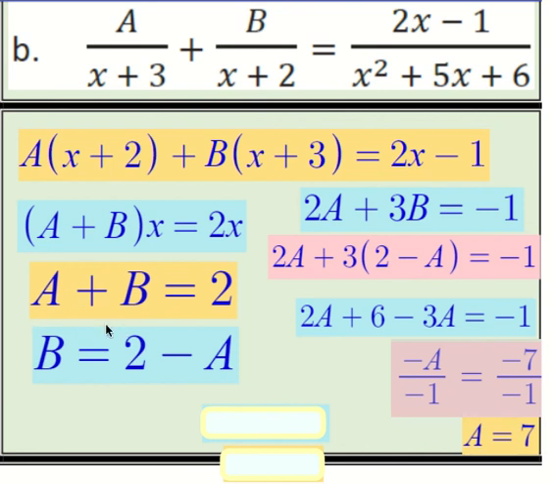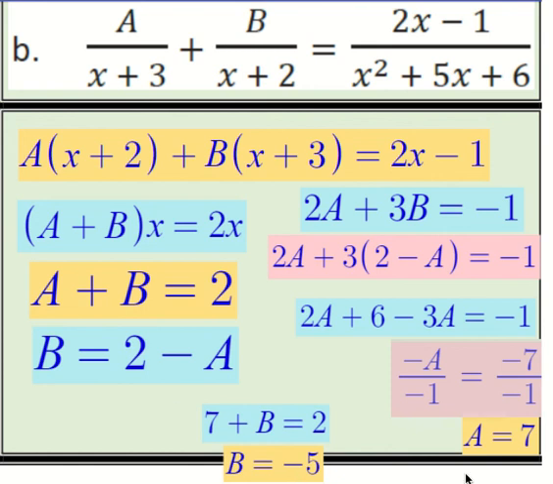Now I can go back to this equation, which says a plus b equals 2. But now I know that a is 7. So 7 plus b is 2. Subtract 7 from both sides, and b is negative 5.